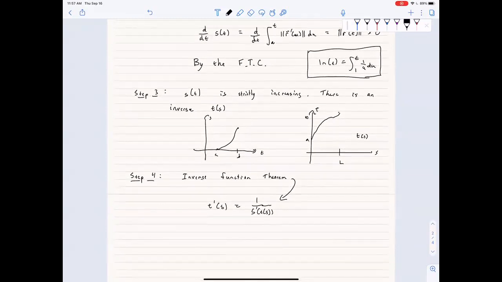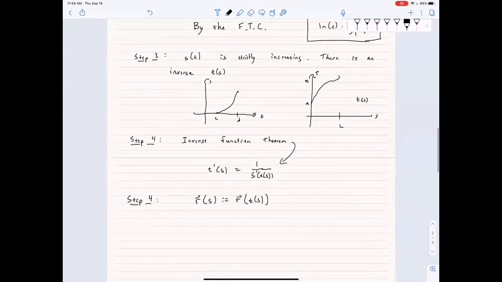Final step: take R of S. They write this in the book, which is not my favorite notation, but this symbol means R of S is defined to equal R of T of S. You take your usual vector valued parametrization R, and you put in the function T of S that you just found when you found the inverse function.